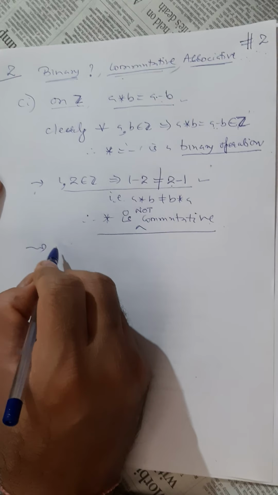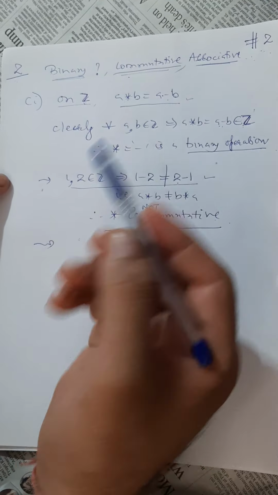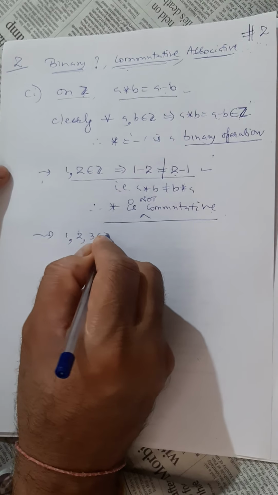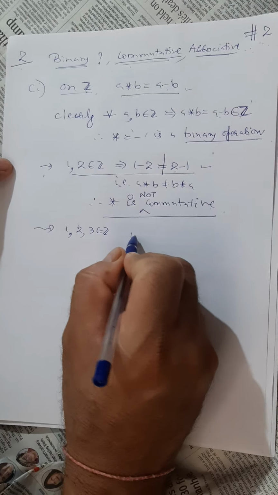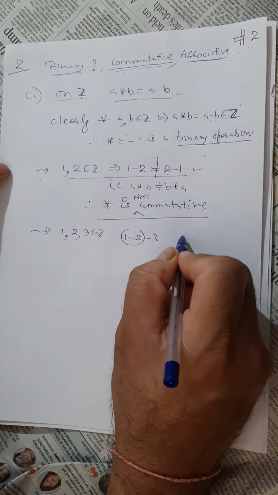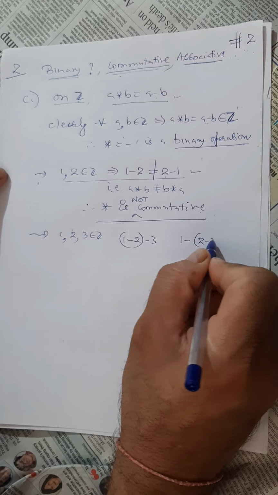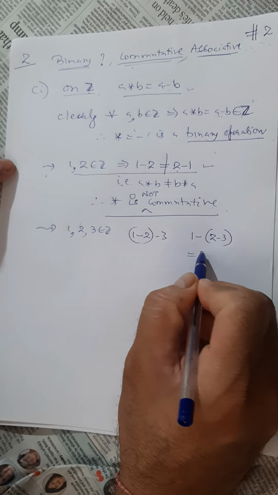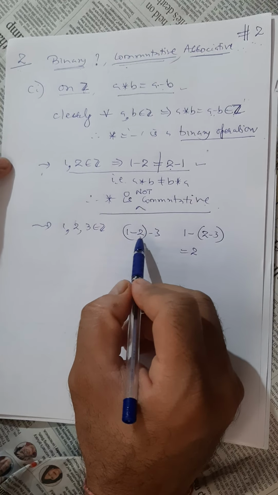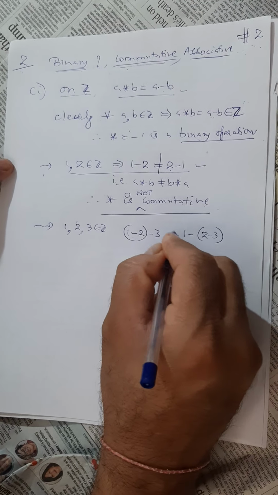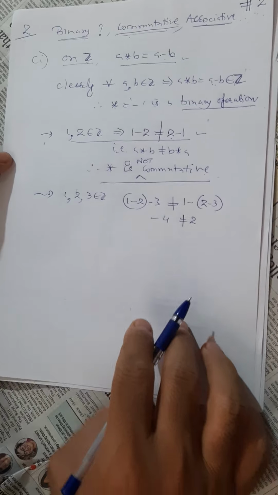Now take 3 numbers; it will not be associative either. If I take 1, 2 and 3, any 3 numbers you can choose, find (1 minus 2) minus 3 and 1 minus (2 minus 3). Your answer for the first is minus 1, minus 3, so this is minus 4. For the second, 2 minus 3 is minus 1, so 1 minus minus 1 becomes plus 1. Obviously these two are not equal.